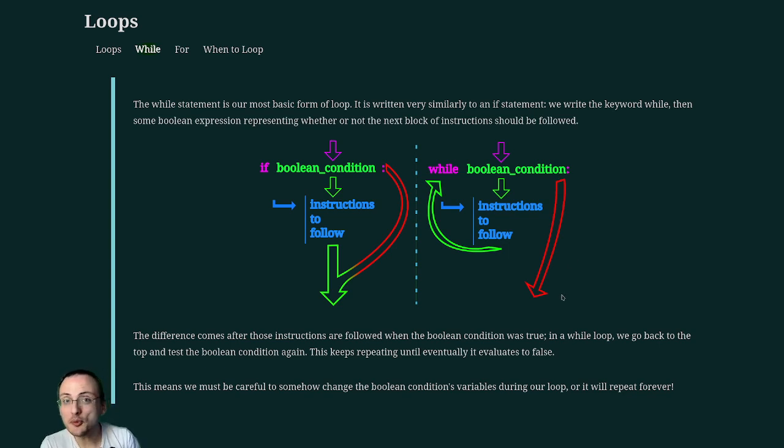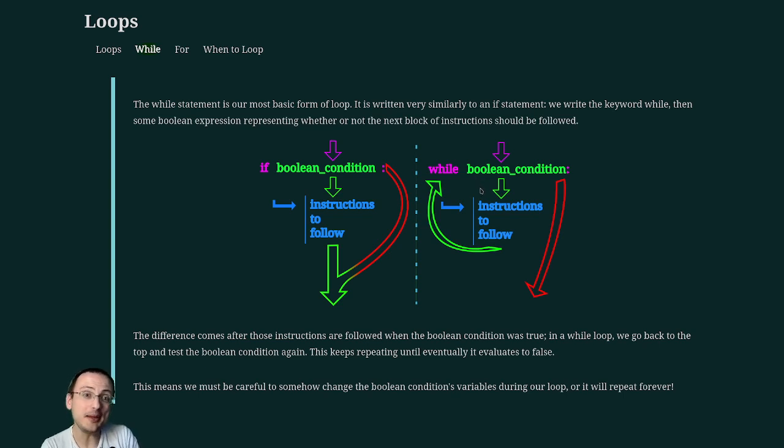And that's exactly what an if statement does. But with our while loop, there is one crucially important difference. And that is when the condition is met in a while loop, when we get to the bottom of this instruction block, we loop back up to the condition and test it again.